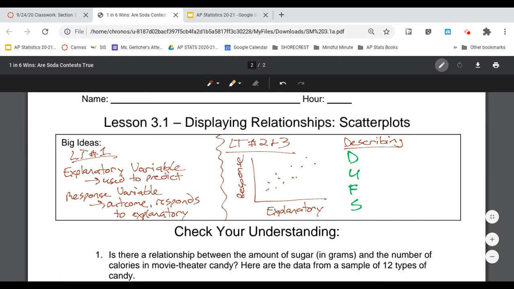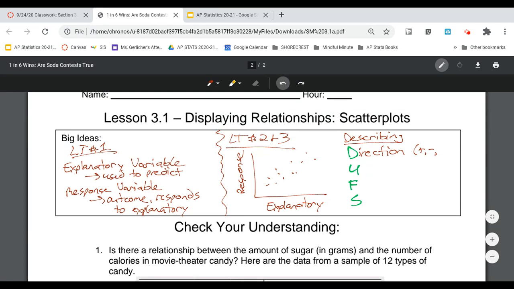D stands for direction, and that's specifically about positive or negative slope. Like if you were to imagine a best fit line going through that data, would the line be going up, has a positive slope, so a positive direction? Or would that best fit line be going down, negative slope, negative direction?